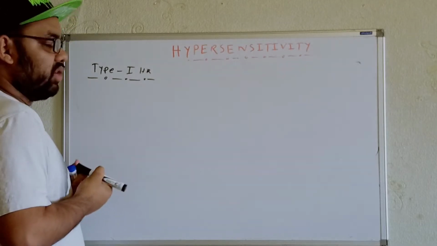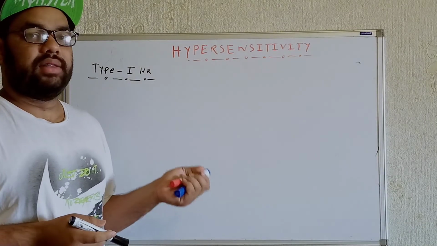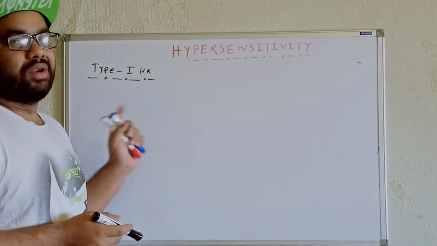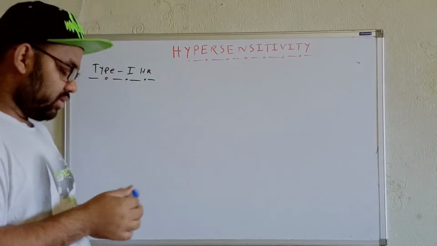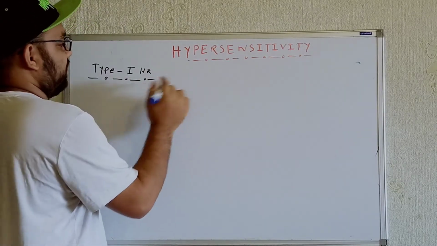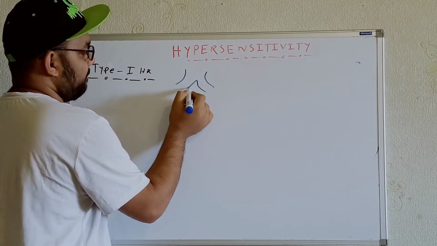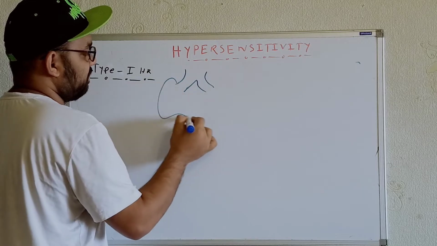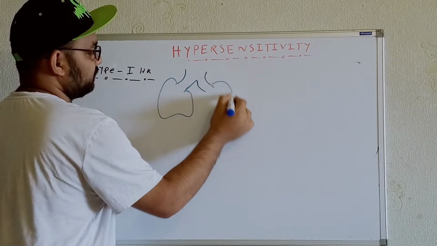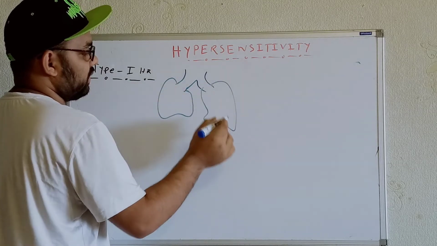For example, any individual who has gone to a garden where there is availability of pollen grains. If we just see the lungs of the individual just like this. Okay.